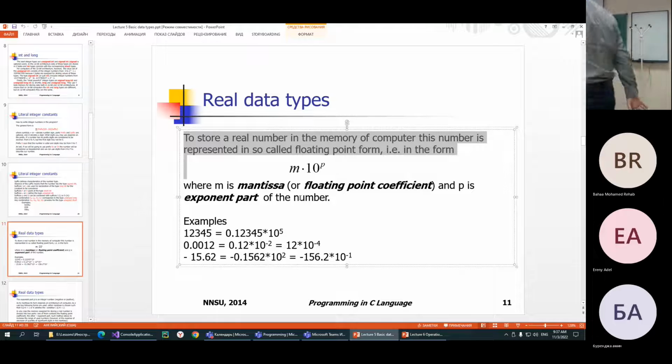But I would stress that sometimes in mathematics, we write a real number not in this form. 2.5. What is the meaning of this notation? 2 is the integer part. And what is the meaning of 5 after the point? It's decimal. Yes, decimal. But how to write this number in another form?